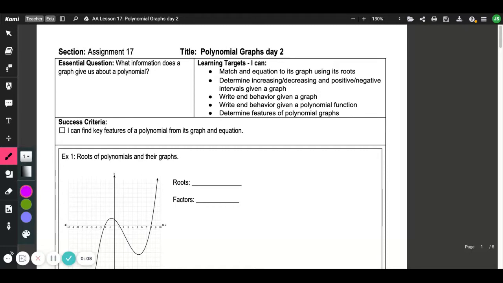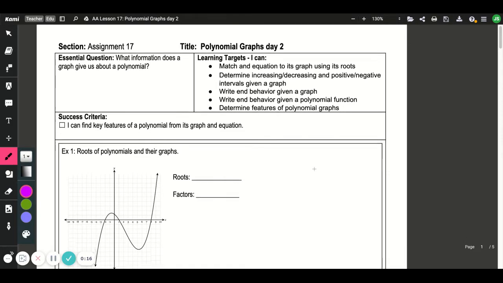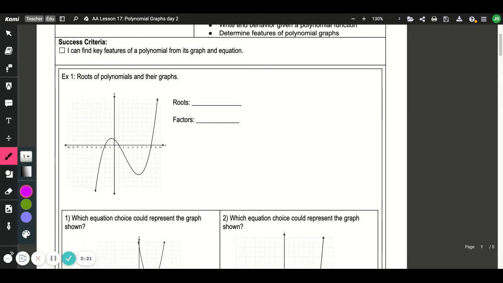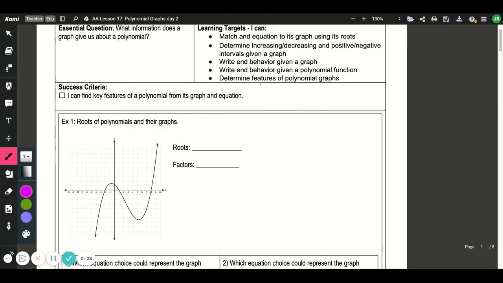So I told you that this was a little bit of a hodgepodge of graphing polynomials. This is day 2. So let's see. Oh, good. We do have some. Okay. So we are going to match an equation to its graph using the roots.